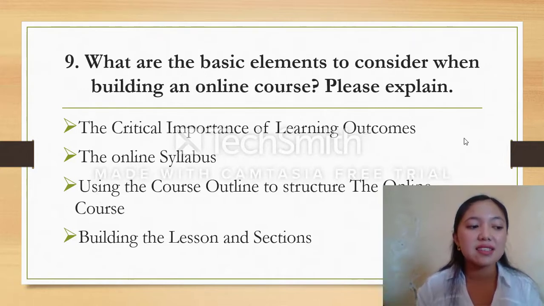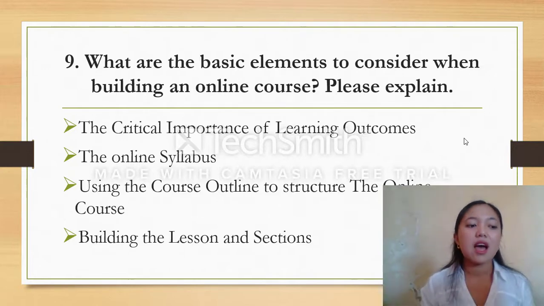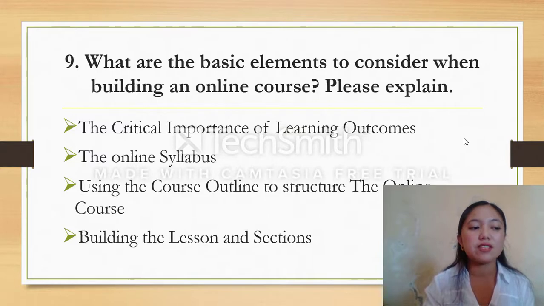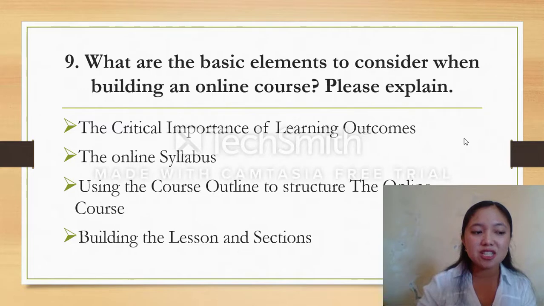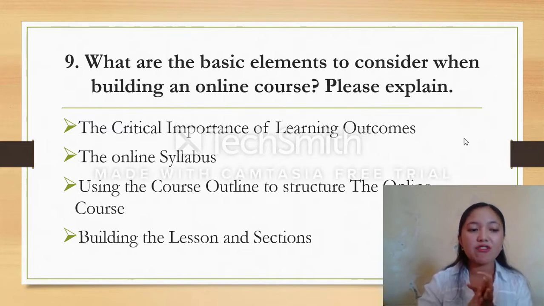And the next is the online syllabus. An online syllabus contains many of the same elements as an outside syllabus. The basic categories include course title, course description, course objective, evaluation plan, grading, required readings, recommended readings, and course outline.